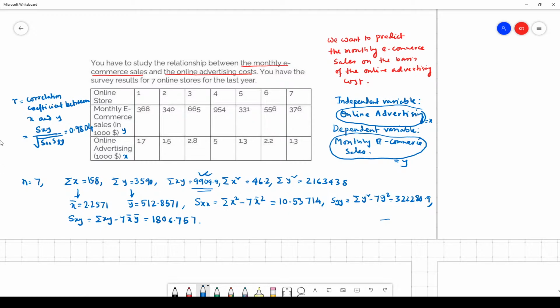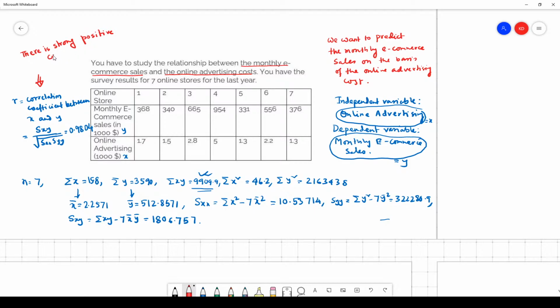So this means, this implies there is strong positive correlation. Yes, thank you.